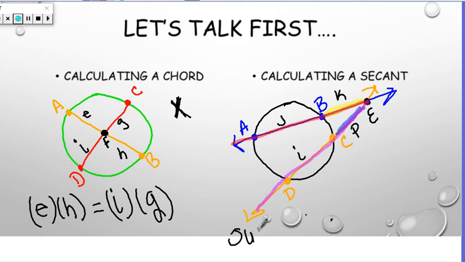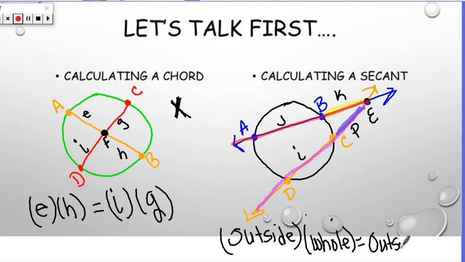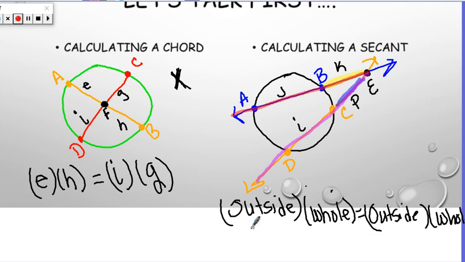So you get outside multiplied by the whole should equal outside multiplied by the whole. And for short, I just like to write it OW equals OW.